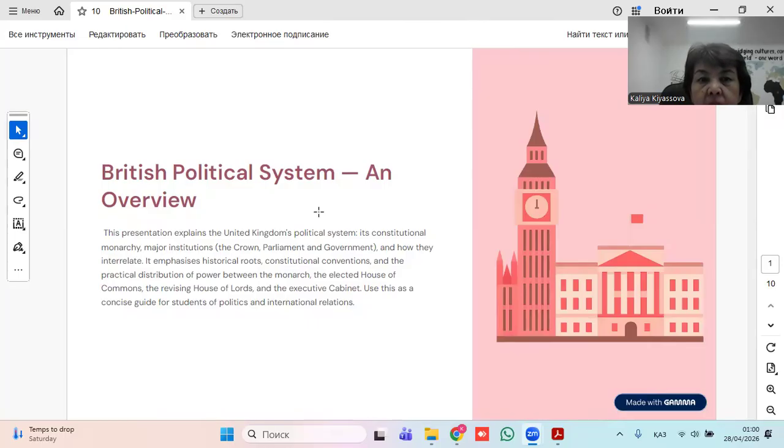It emphasizes historical roots, constitutional conventions, and the practical distribution of power between the monarch, the elected House of Commons, the revising House of Lords, and the executive cabinet. Use this as a concise guide for students of politics and international relations too.